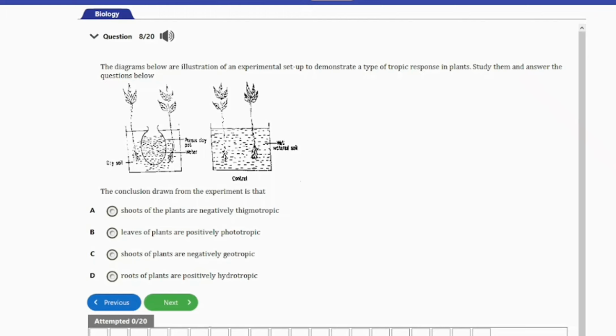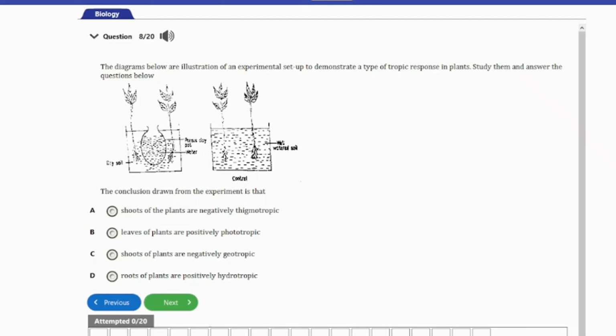B. Leaves of plants are positively phototropic. C. Shoots of plants are negatively geotropic. D. Roots of plants are positively hydrotropic. So guys, the answer to this question here is option D. Roots of plants are positively hydrotropic. So that's it for this question, guys.